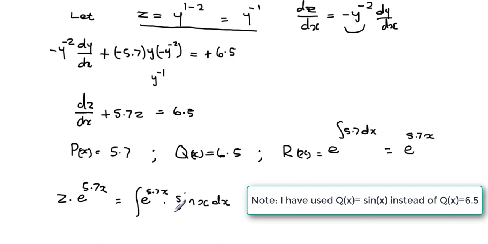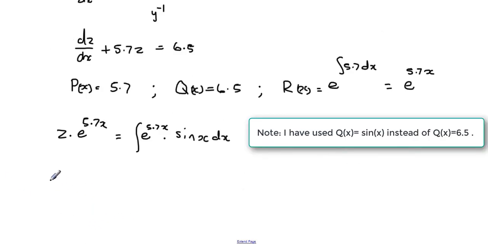So again here we are faced with integration by parts, and we'll have to integrate here, then substitute this to get z. Now let's do that. Let's simply take this integral as I, the integral of e to the power 5.7x multiplied by sine x dx.